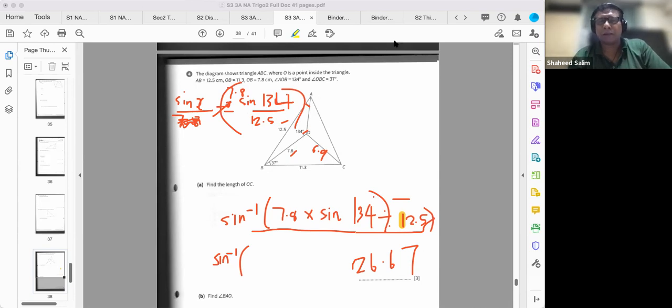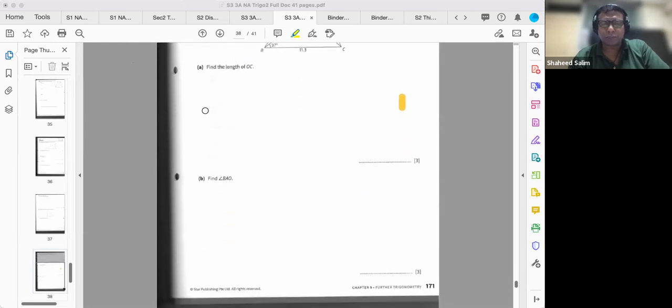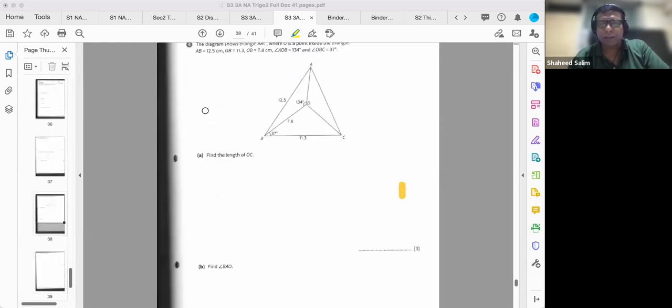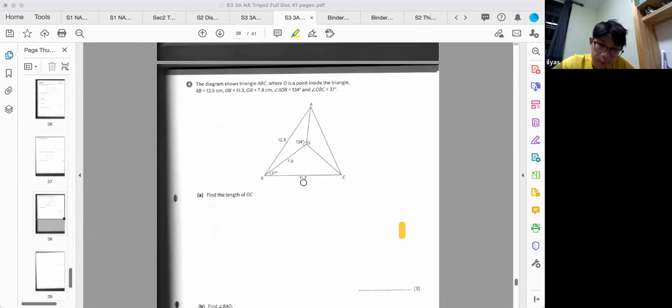Okay, the last one. One more. Last one. Okay, now they say, find the area of triangle ABC. Can you find the area? How are you going to find the area?